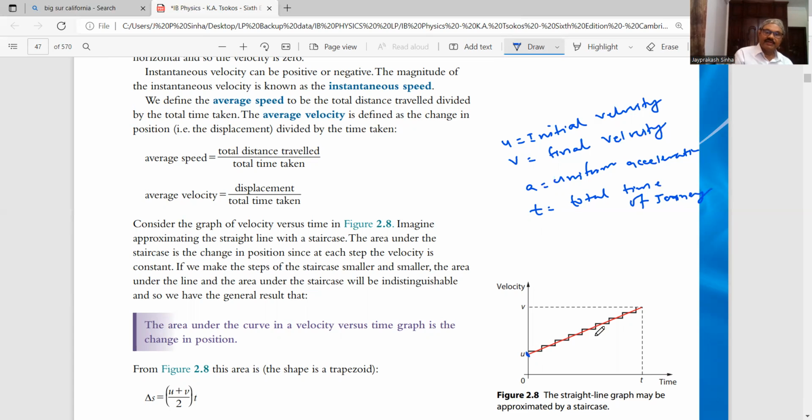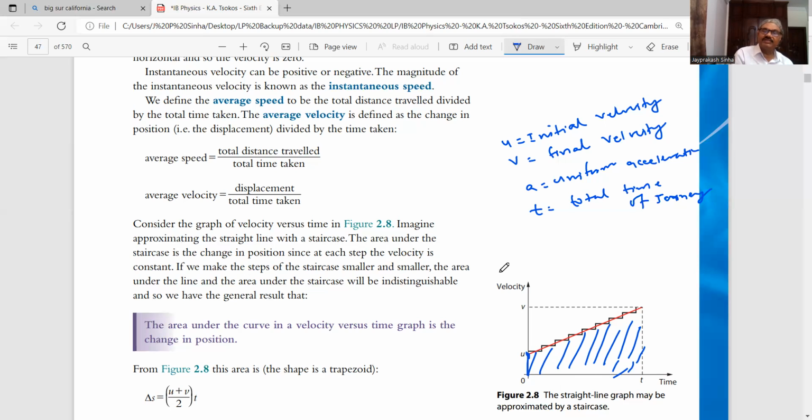So if somebody tells you to find the displacement, from the v-t graph, the area under the curve will give you the total displacement. The area under this is a trapezium. Can you see the shape? This line, this line, and this line make a trapezium.